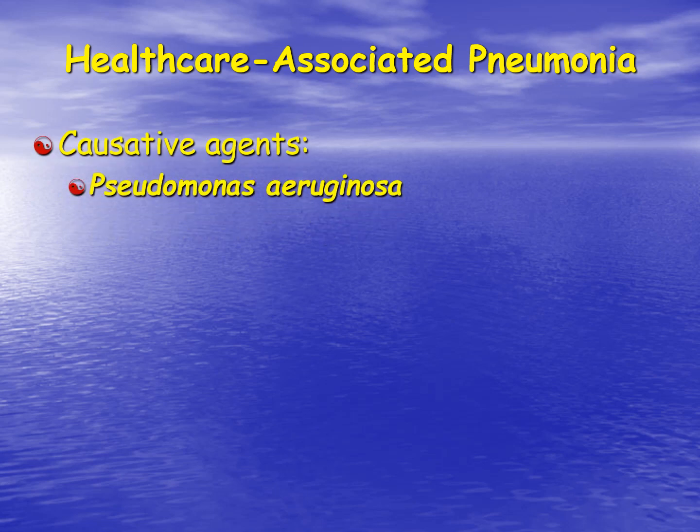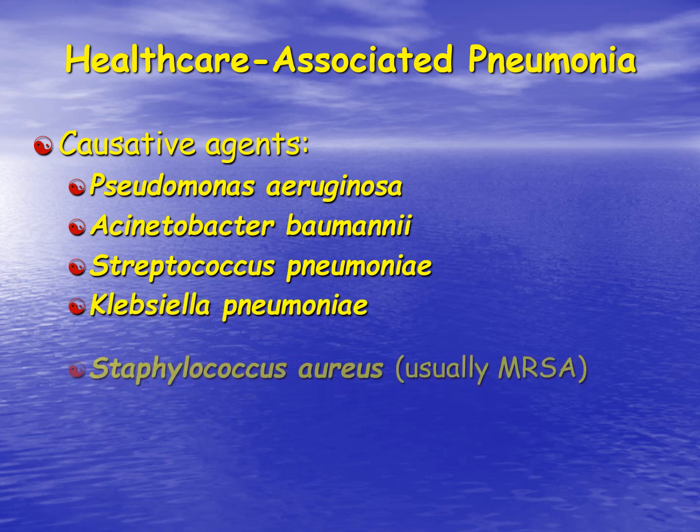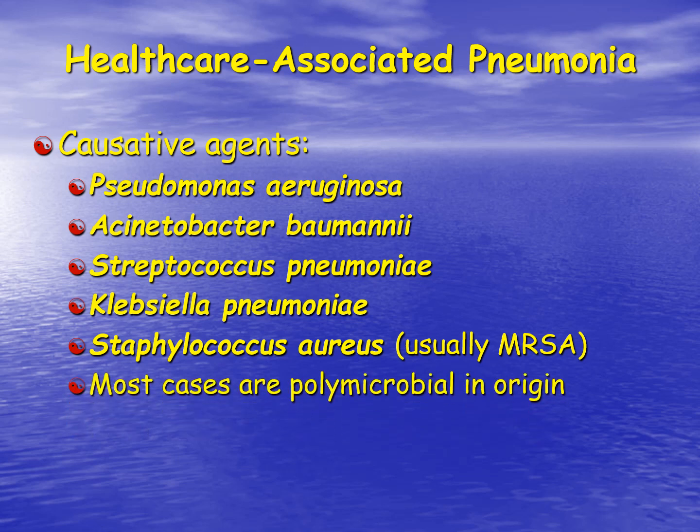Causative agents can be Pseudomonas aeruginosa, Acinetobacter baumannii, Streptococcus pneumoniae, Klebsiella pneumoniae, Staphylococcus aureus, and usually this is MRSA or VRSA. Most cases are actually polymicrobial in origin.